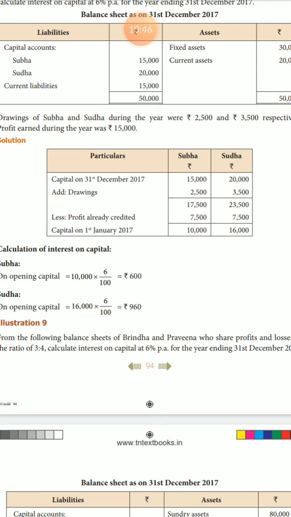Closing capital is 30,000 and 40,000: 30,000 is Brinda and 40,000 is Praveen. Add drawings.